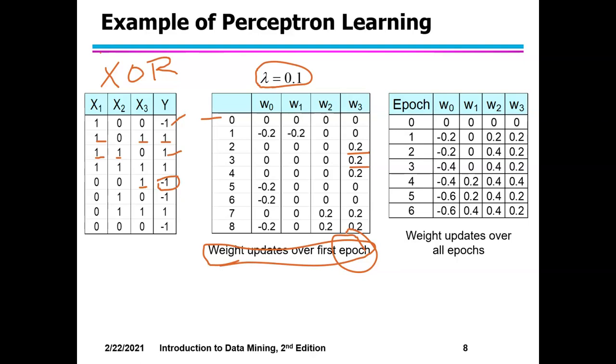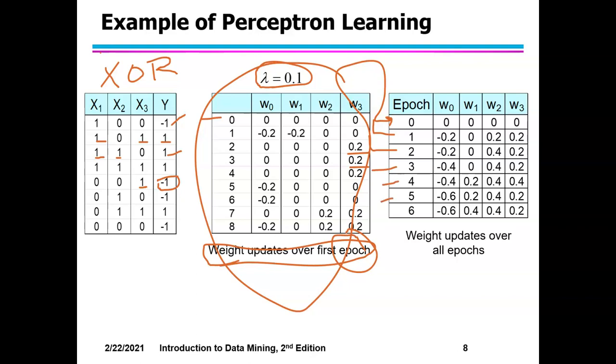With every epoch your learning is increased. Let's suppose this is your first epoch, this is your second epoch, this is your third epoch, this is the fourth epoch, and fifth, sixth and seventh epoch.